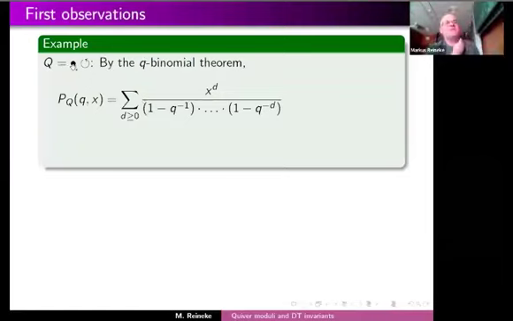For this simple quiver, which is just a single vertex and a single loop, the series we're looking at is the sum over all d of x to the d, divided by some q-analog of the factorial, or q-Pochhammer symbol. There is a result in combinatorial theory, usually proven using partitions, called the q-binomial theorem, which tells you that this sum is equal to the product over all k of 1 minus q to the k plus 1 times x.